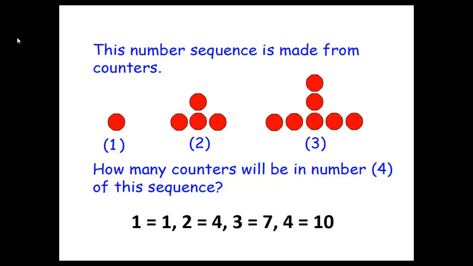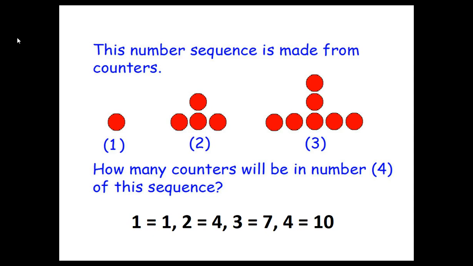Here, your concern is mostly with how many counters there are in each of the different steps. You can pretty clearly see that in step 1, there's 1 red counter, where number 2 has 4, number 3 has 7, and then you could, of course, go forward and make predictions about further steps, in this case, number 4. You're trying to figure out the pattern from step 1 to step 2 to step 3, and it's pretty clear that you're adding 3 more counters each time.